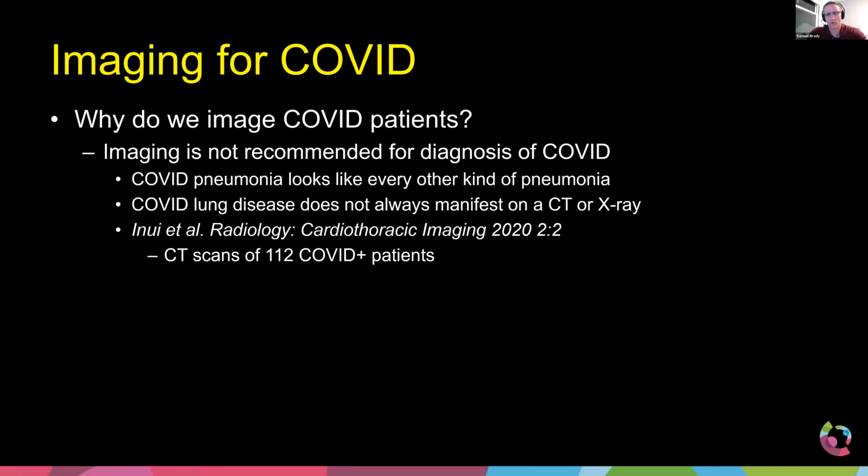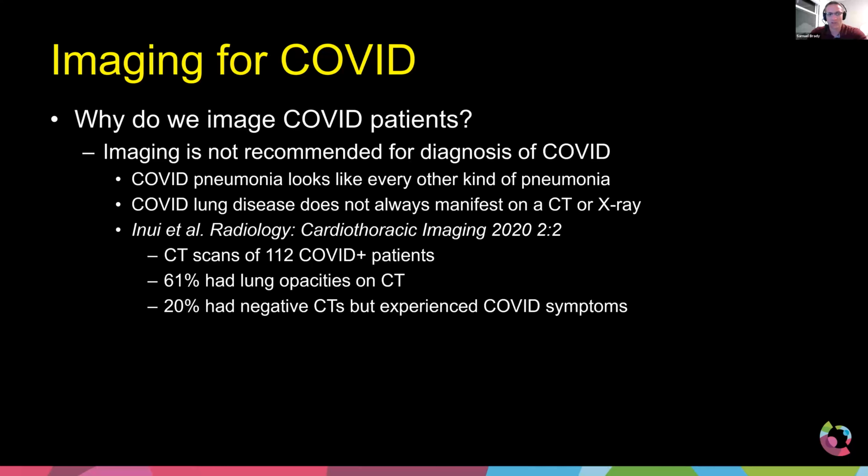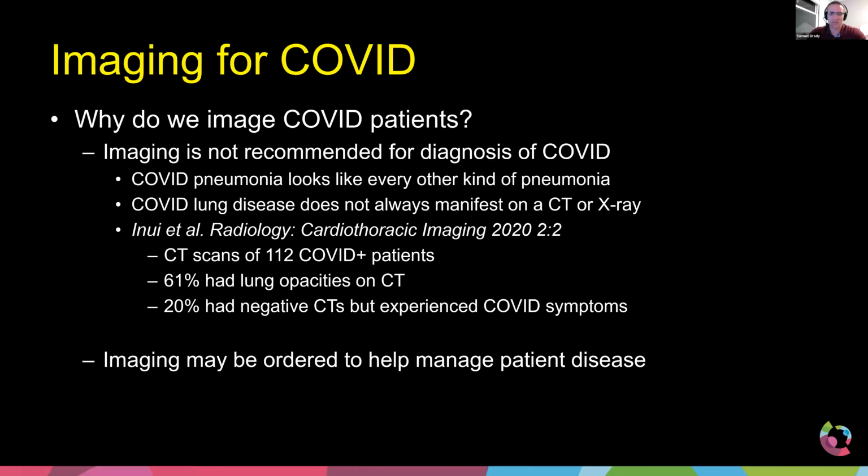No, actually, I think there were many more, but 112 of them got CT scans. 61% had lung opacifications, so they had that ground glass, pneumonia-like look. 20% had negative CTs, absolutely clean-looking lungs, but they were symptomatic with COVID. And so the take-home message from this was that imaging wasn't specific enough to diagnose COVID or rule out COVID.